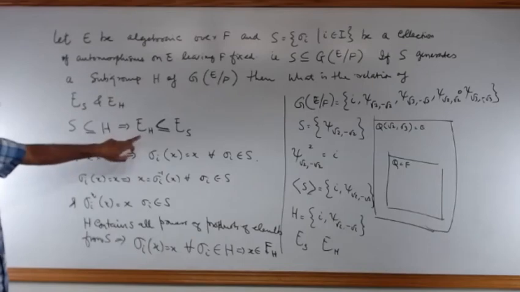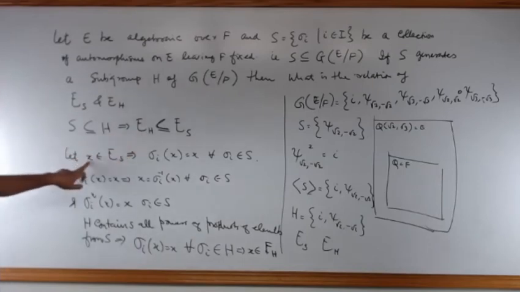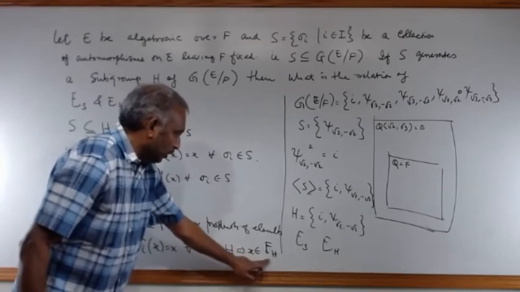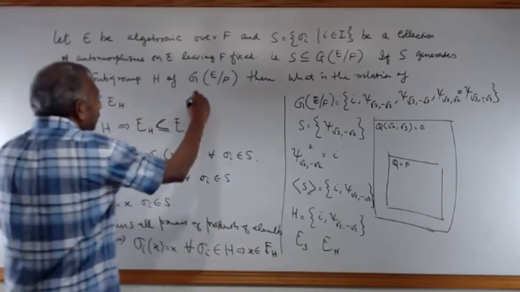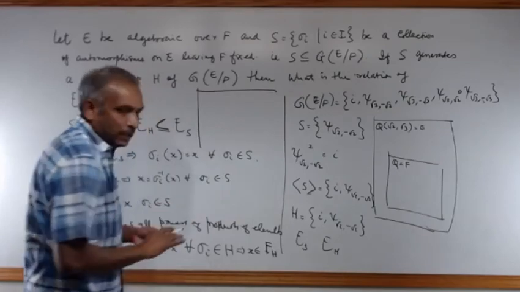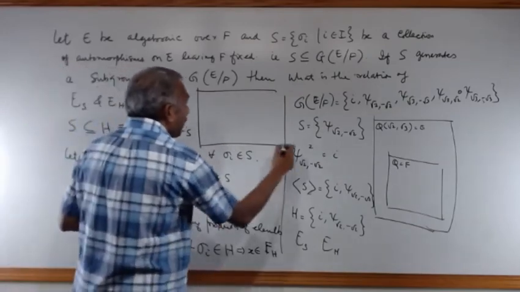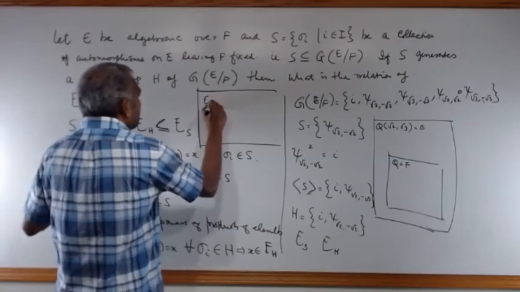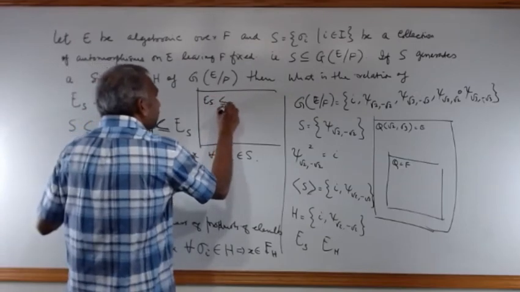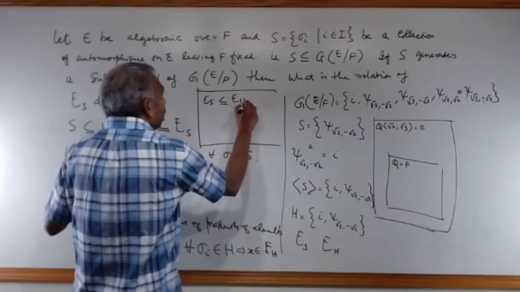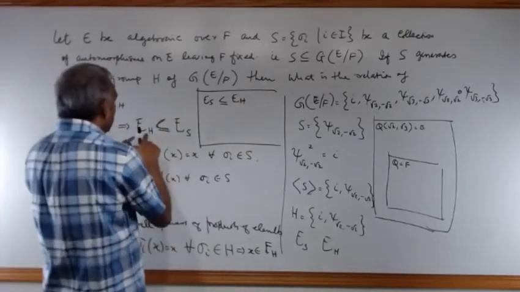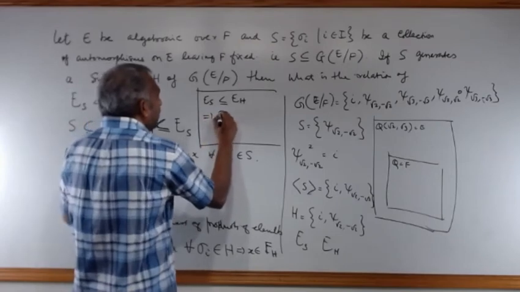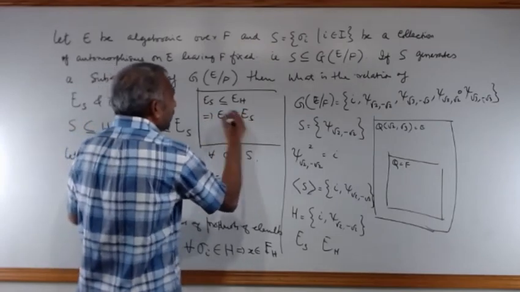We started off with x in E_S and ended with x in E_H. That means E_S is a subfield of E_H. But we know that E_H is a subfield of E_S, so that implies E_H is equal to E_S.